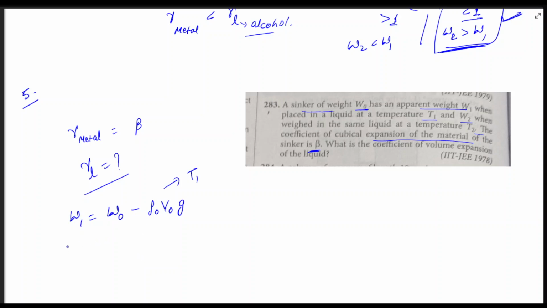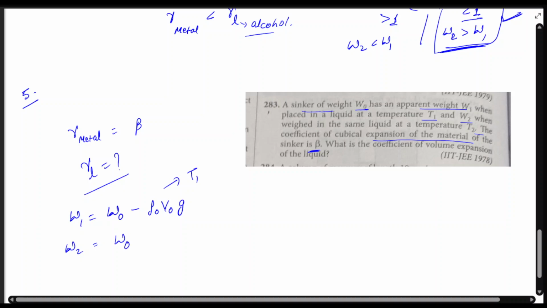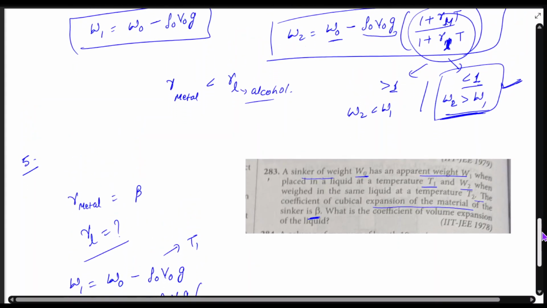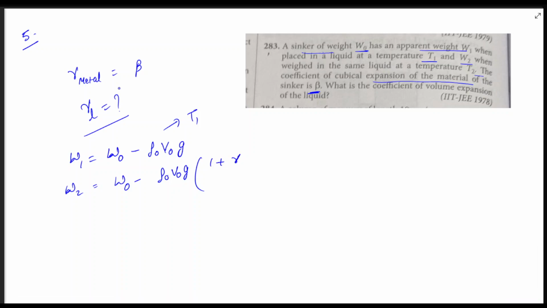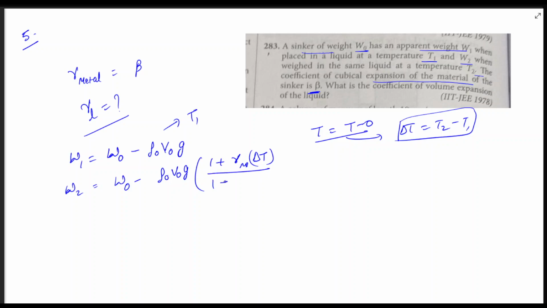Now W2 is W naught minus rho naught V naught G into 1 plus gamma of metal into T. In the before question T was T minus 0, so here T will be T2 minus T1, which I will write as delta T, divided by 1 plus gamma of liquid, which we have to find, into delta T.